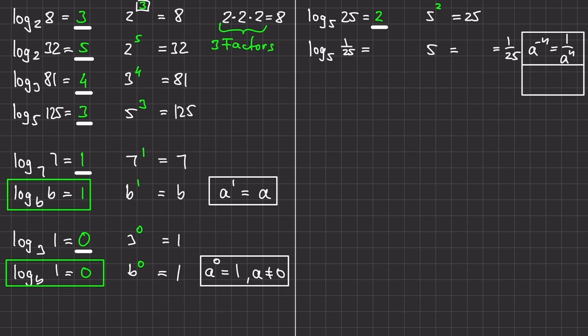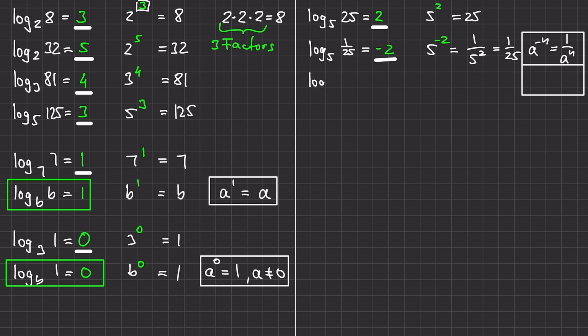So any expression with a negative exponent is just 1 over the same expression with a positive exponent. So 5 raised to negative 2 equals 1 over 5 squared, which is 1 over 25. So log base 5 of 1 over 25 equals negative 2.